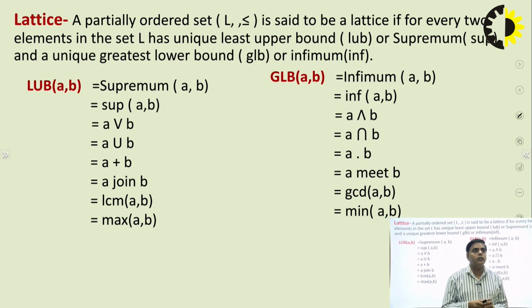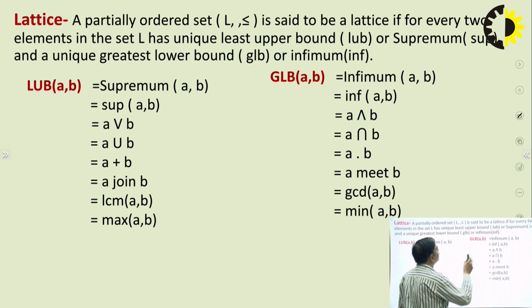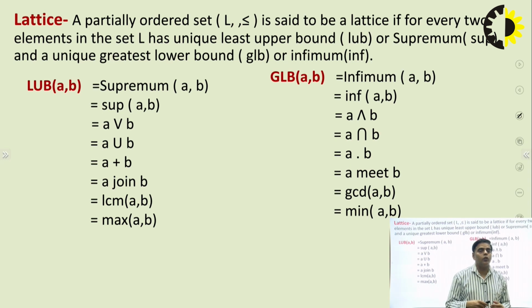So a lattice means a partially ordered set is said to be a lattice if every two elements in the set L have a unique least upper bound, or we can say the supremum, and a unique greatest lower bound, GLB, or we can say the infimum. So for the lattice we have to find out the LUB and GLB for every two elements.